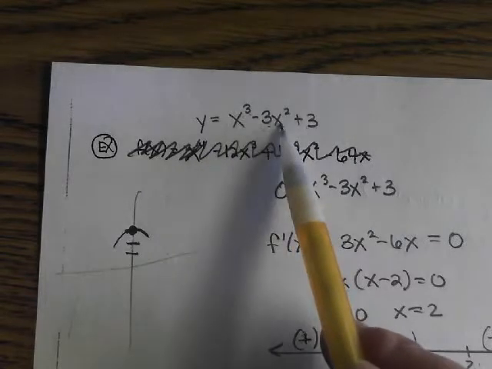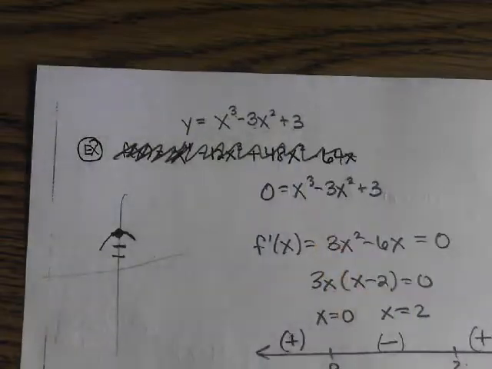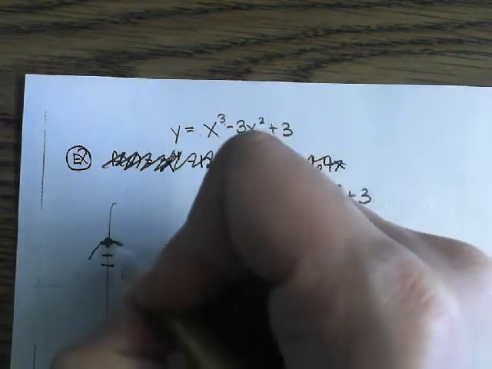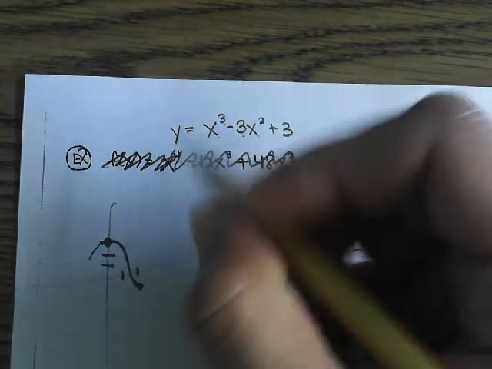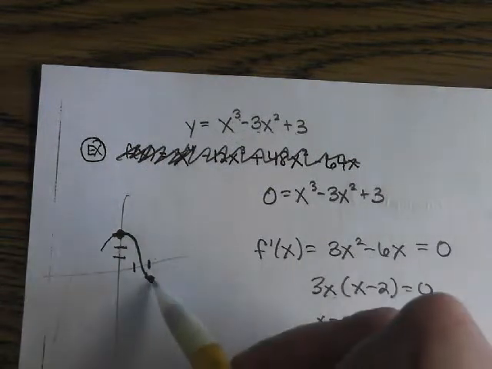So my zeros weren't going to be nice, but then it's also going to flip back around because we know end behavior. And we don't know our zeros, but we knew our relative mins and maxes, so that could guide us enough to come up with the sketch of the graph.